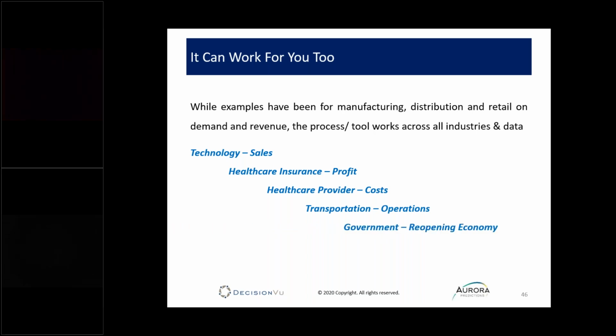Government. We need to do analysis beyond spreadsheets on how we're going to reopen the economy. For nonprofit institutions, what are we going to do about grant and giving during this COVID-19 crisis? So across all different industries, across all different types of data: cost data, operations data, demand data, and financial data.